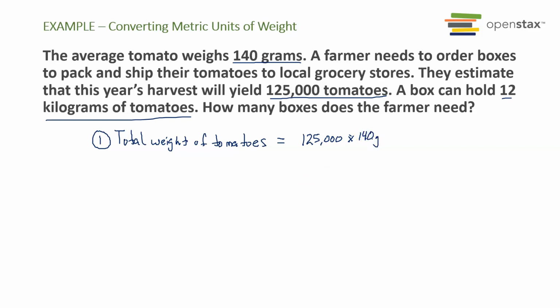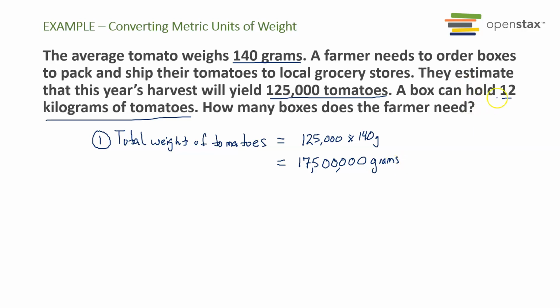So 125,000 times 140 is equal to 17,500,000 grams.